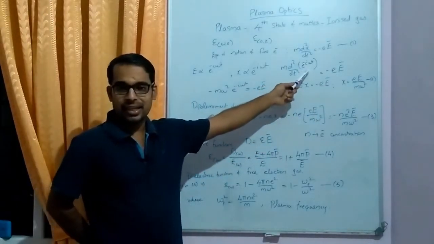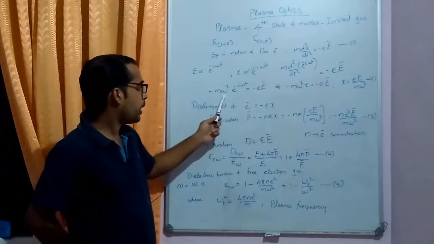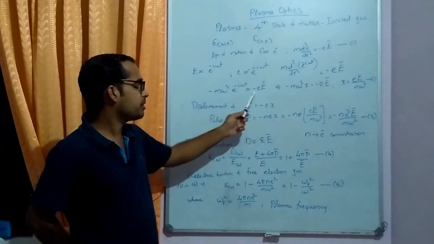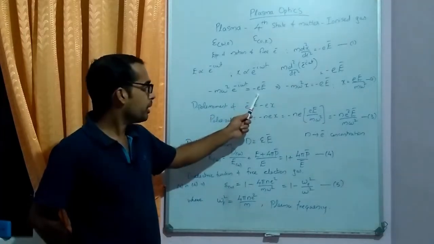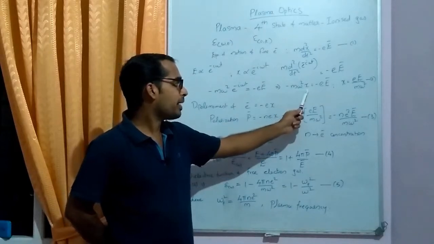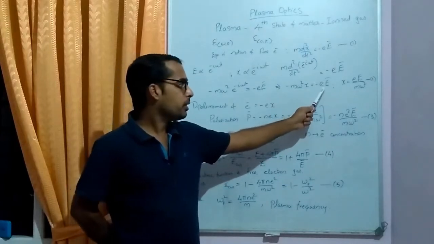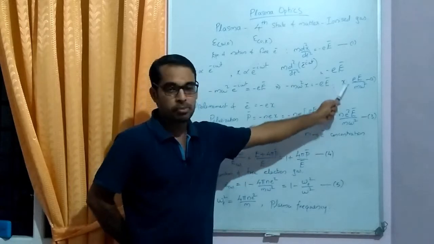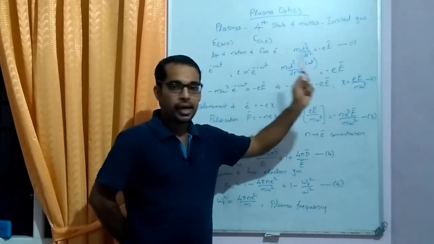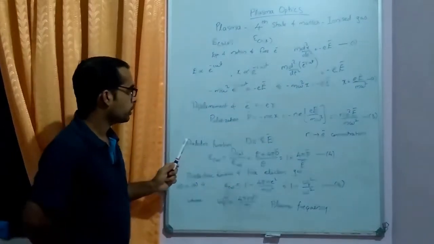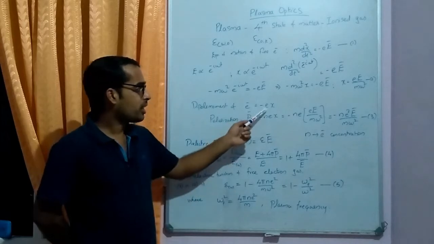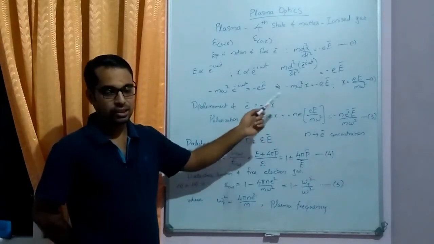On taking the second derivative, we get -mω² x = -eE. So we can write the expression for the displacement as x = eE/(mω²).